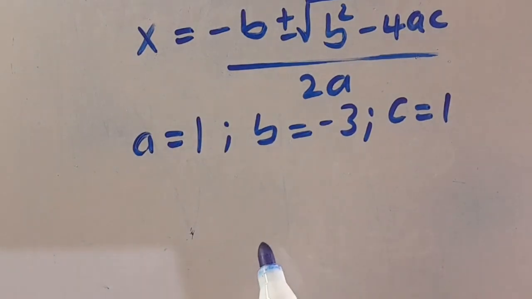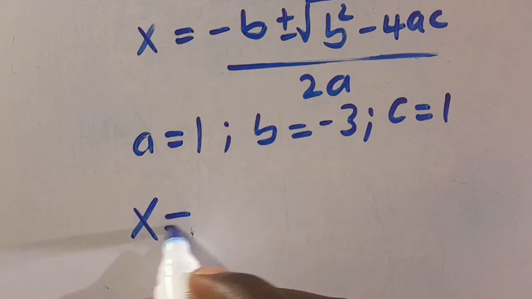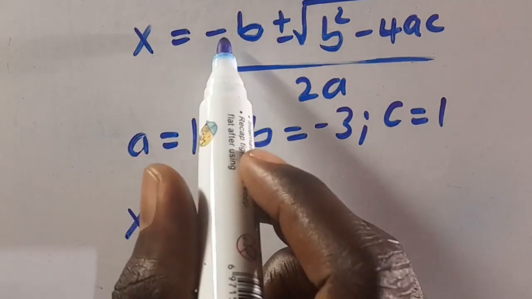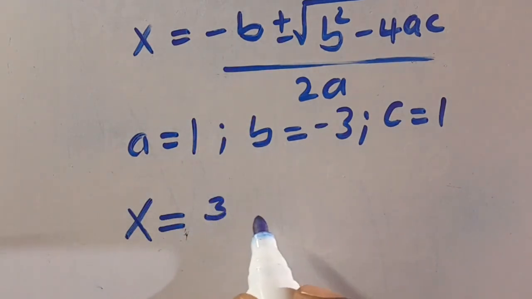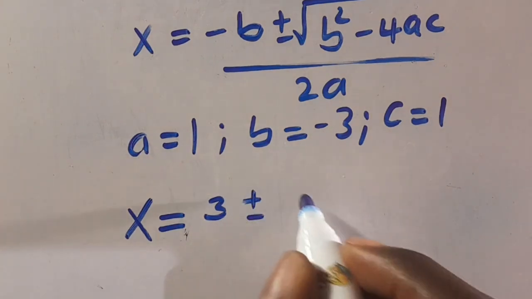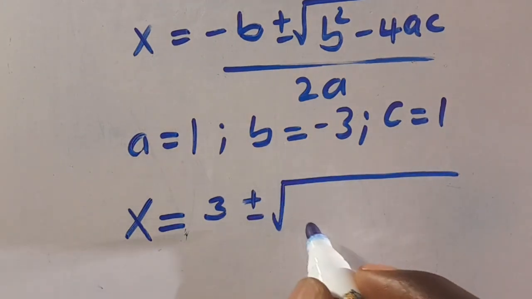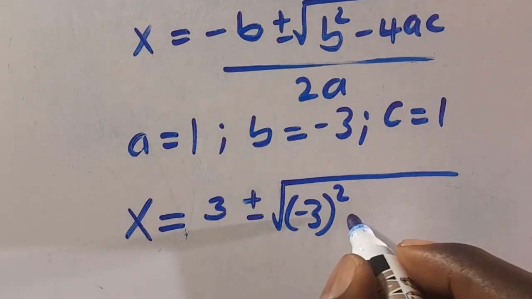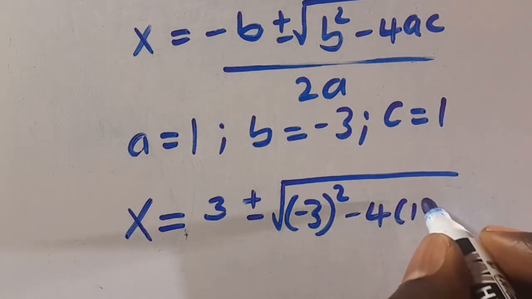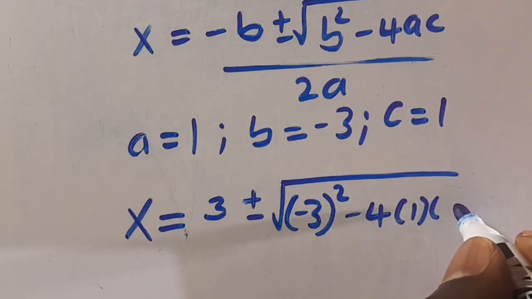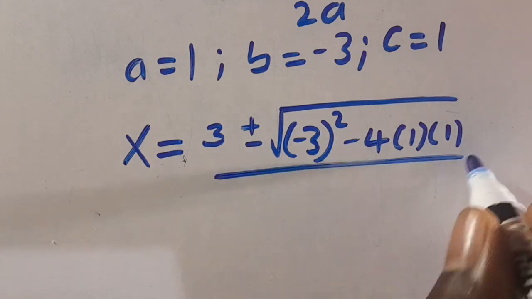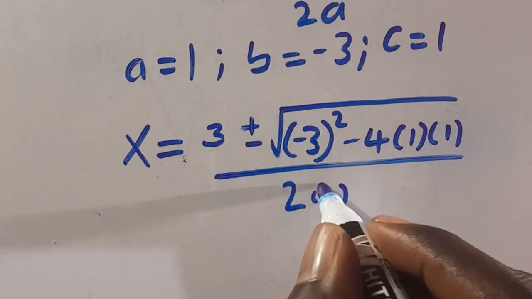So from here, we are going to have x equals minus, it's already minus b, so here will be 3, then positive or negative root of (minus 3) to the power of 2, minus 4 times a, which is 1, then c is also 1, then all divided by 2 times 1.